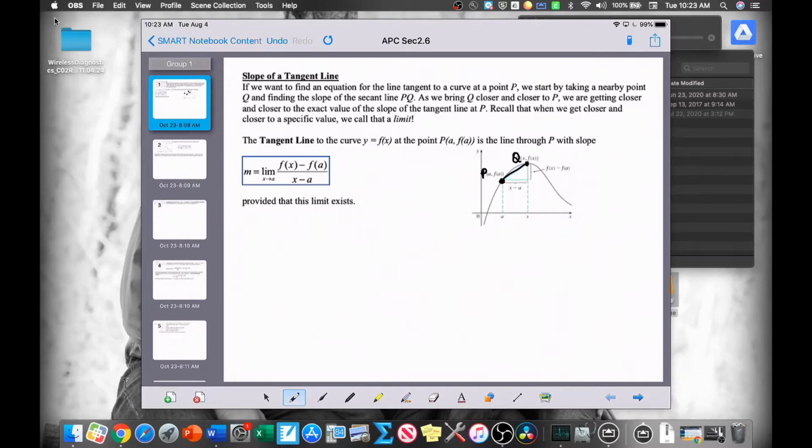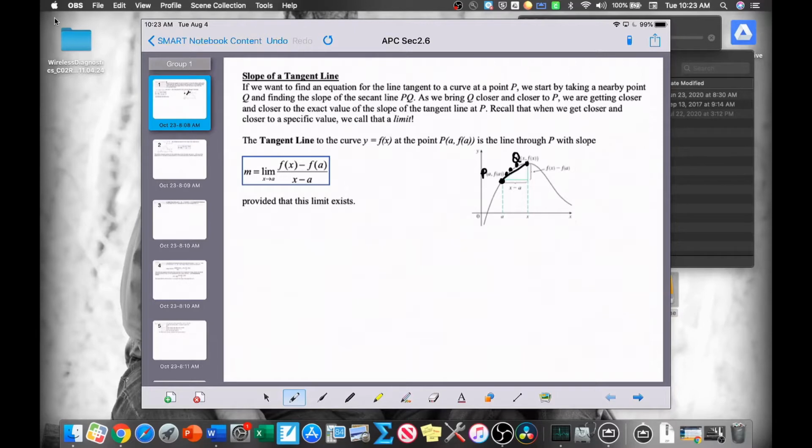But as we start bringing Q closer and closer to P, we're getting closer and closer to the exact value of the slope of the tangent line at P. Recall that when we get closer and closer to a specific value in calculus, we call that a limit.